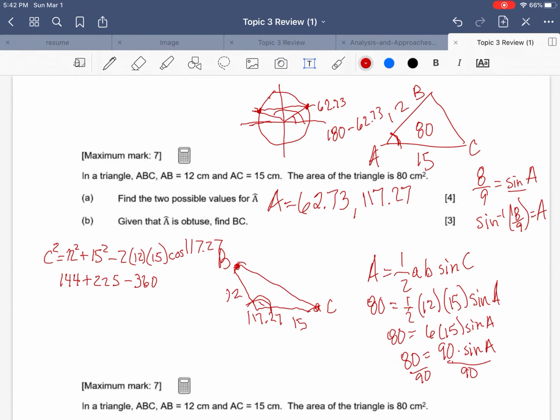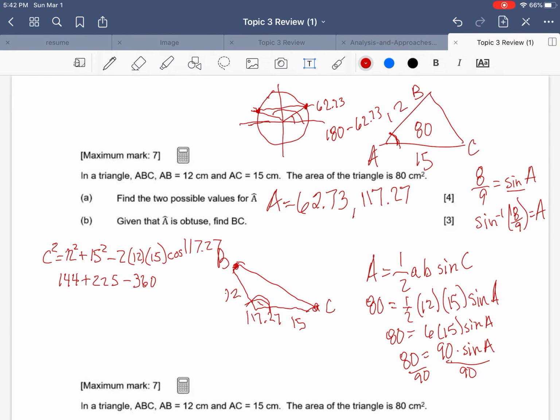Then the cosine of angle 117.27. And we put all of that in the calculator and then take the square root.